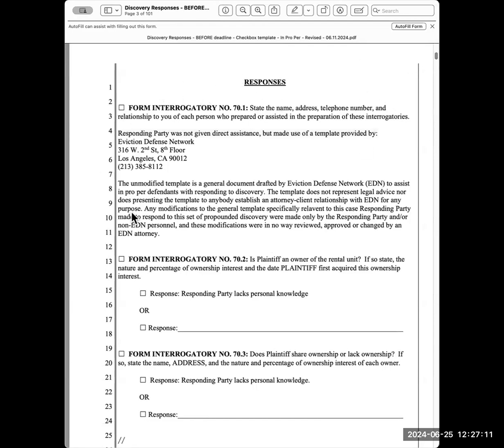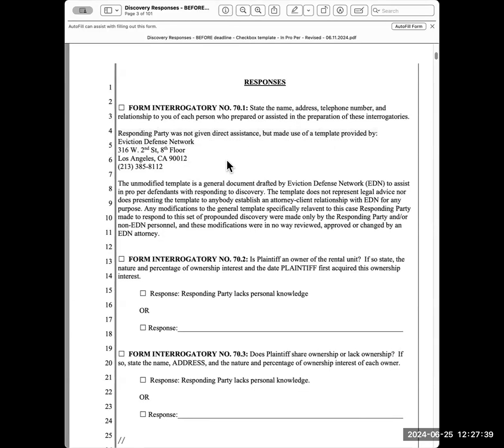The answer to this first interrogatory, which is to state the name, address, and telephone number in relationship to you of each person who prepared or assisted in the preparation of these interrogatories, is that the responding party, the one person responding in this document, was not given direct assistance, but made use of the template provided by us, the Eviction Defense Network, and our address and phone number.